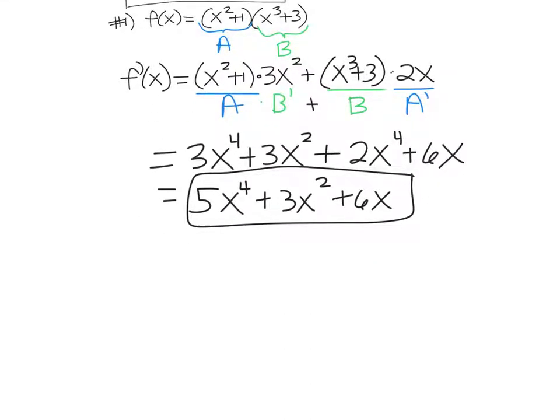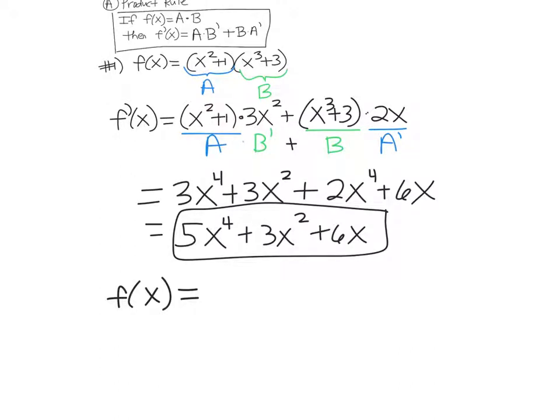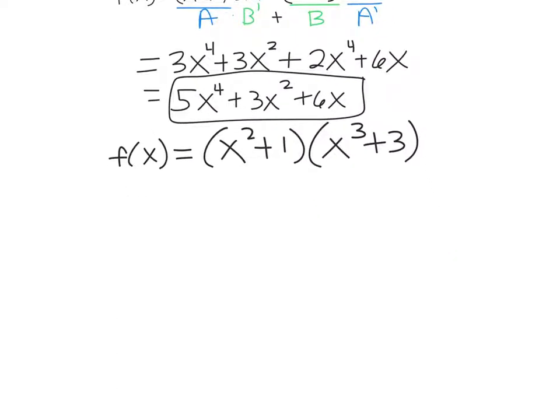So let me show you if we would have taken f of x and FOILed it out. If you go back to the original, f of x is x squared plus 1 times x cubed plus 3. And FOIL that out. You get x to the 5th plus 3x squared plus x cubed plus 3.